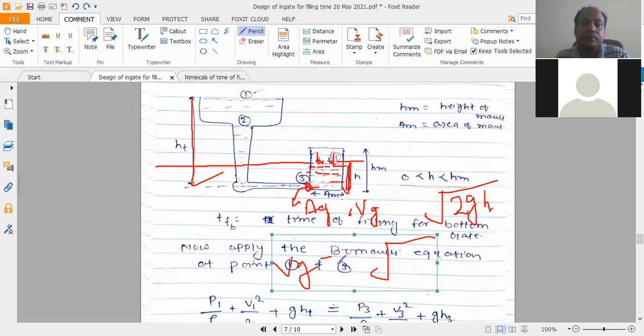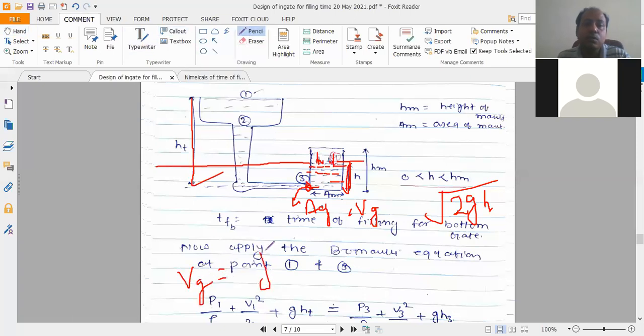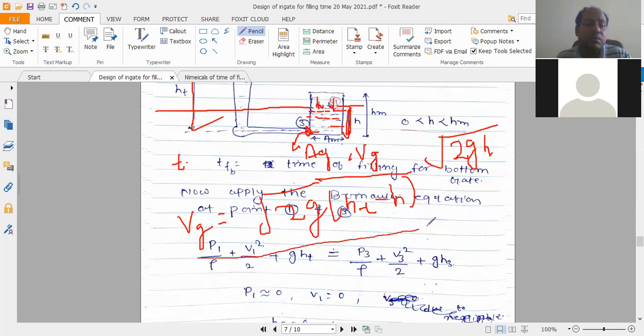Vg equals root under 2g (HT minus h), where h is the height up to which the molten metal has filled at the time t seconds. So this differential velocity will be found at point 3.